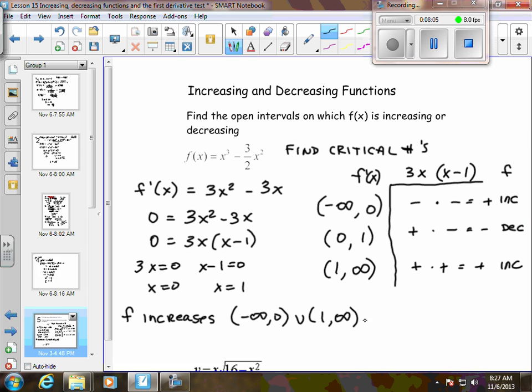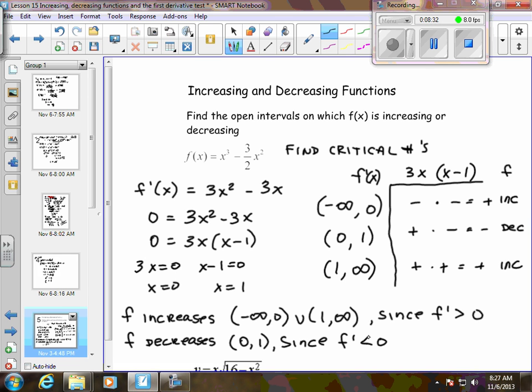And how do you know it's increasing? Since f prime is greater than 0. You say it just like that. F decreases on the interval 0 to 1 since f prime is less than 0.